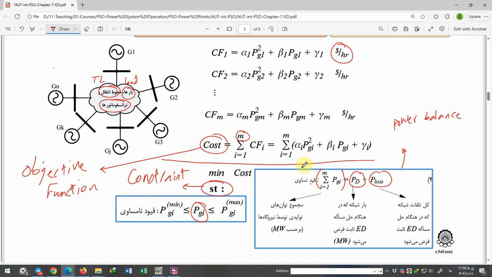Power balance means that all generation is equal to demands plus losses, and each generator should be limited between its maximum and minimum.